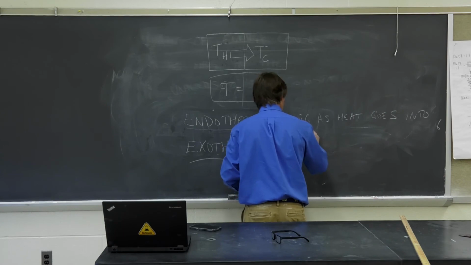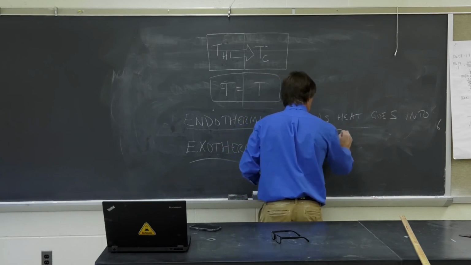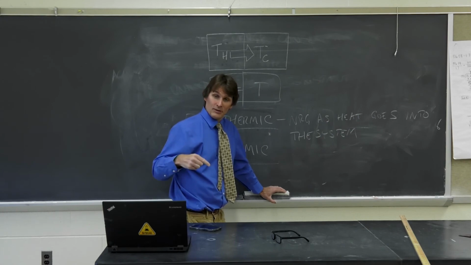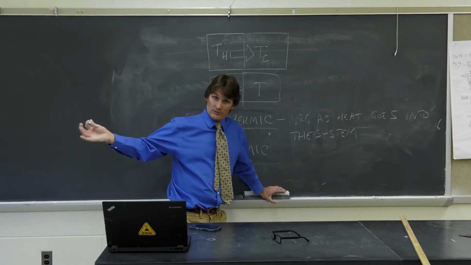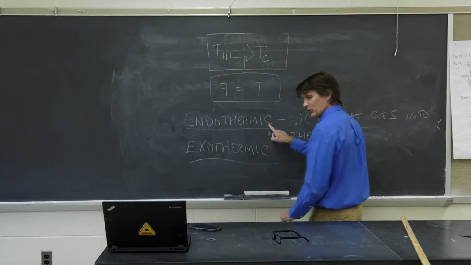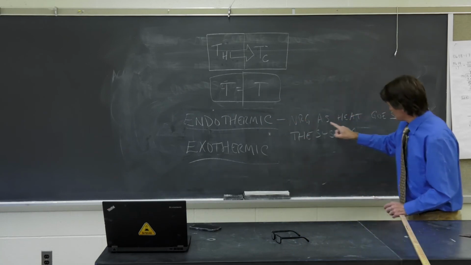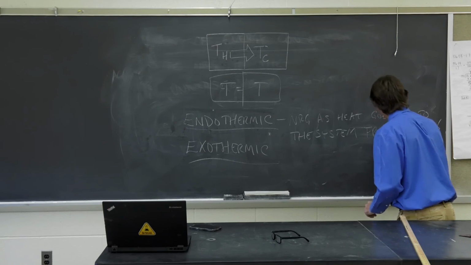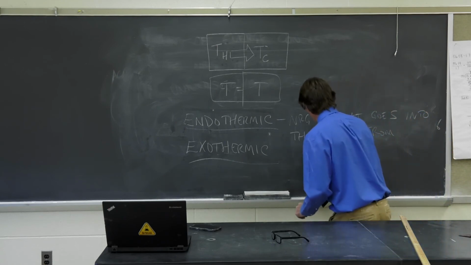Into the system, but it's got to come from somewhere. So where's that energy come from? It has to come from the surroundings. So in an endothermic change, energy as heat goes into the system, and it comes from the surroundings.